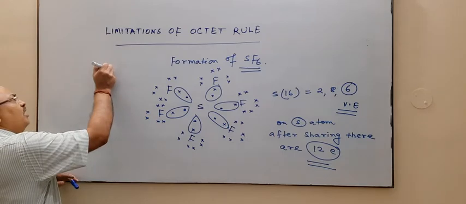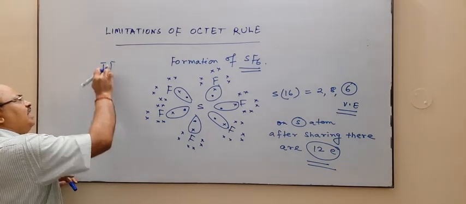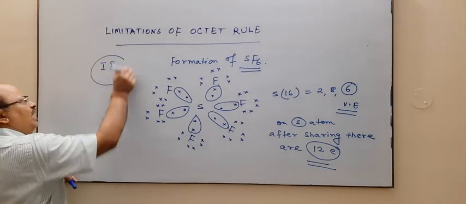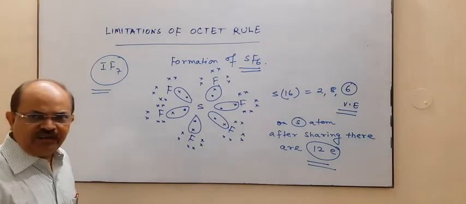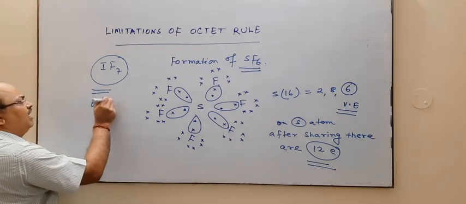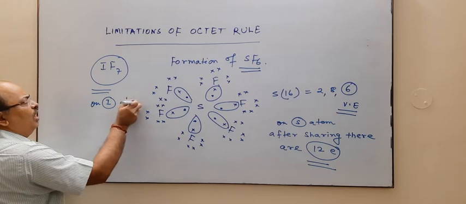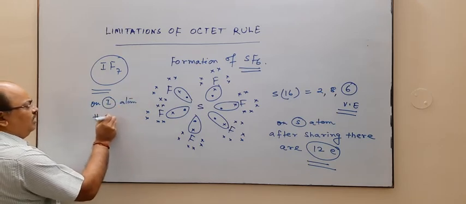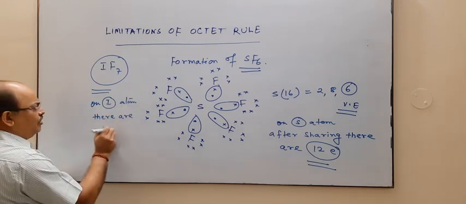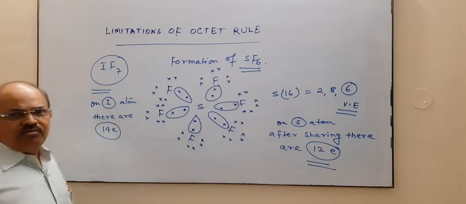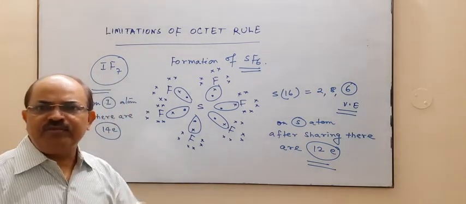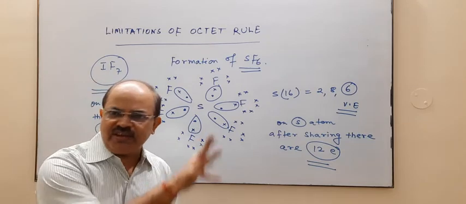Similarly, your next compound is IF7. तो IF7 जब आप ड्रॉ करोगे, then on iodine atom there are 14 electrons. अब कहता है कि 14 इलेक्ट्रॉन आयोडीन एटम पे कैसे होगा? How?